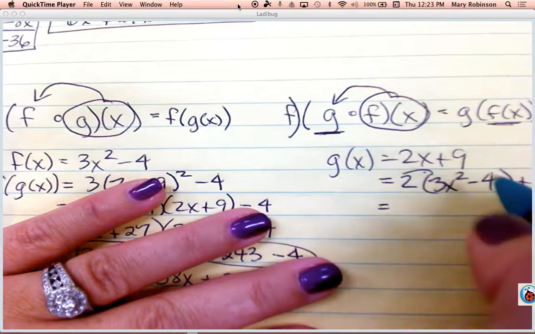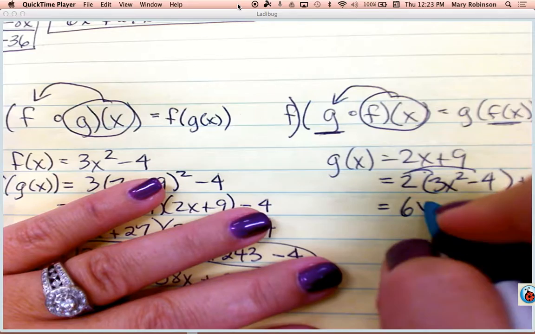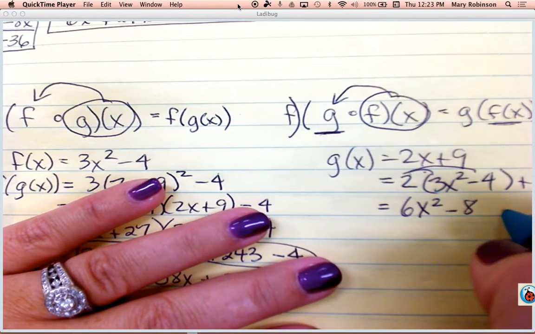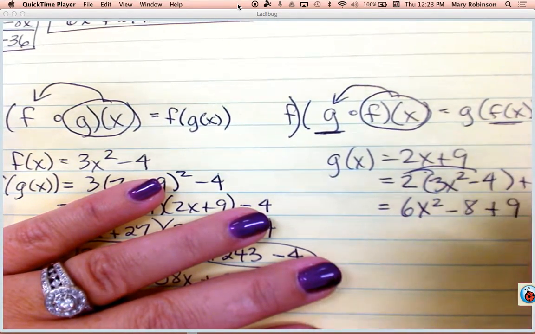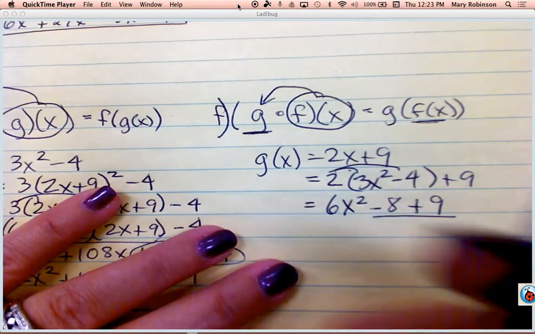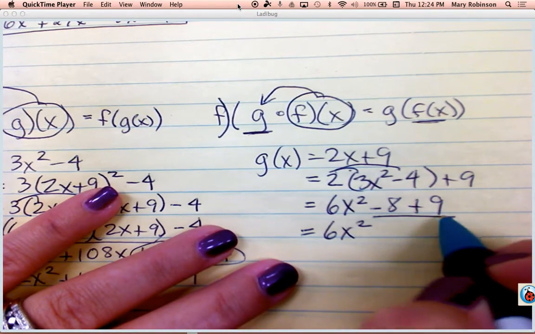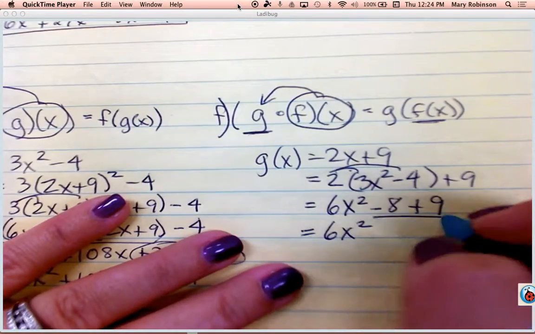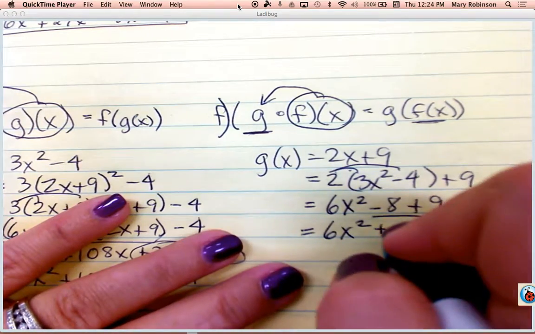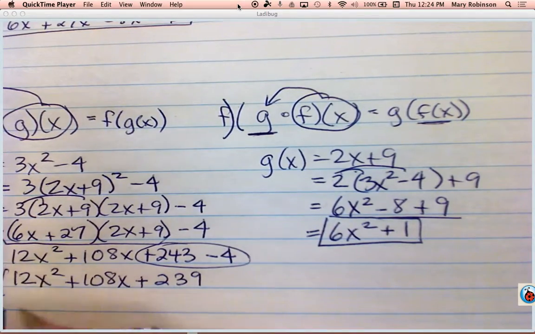My next step is to distribute to both terms. So I get 6x squared minus 8, and I bring down the plus 9. Because I have like terms here, meaning integers that can be combined, negative 8 plus 9, if you need to put it in your calculator, do that, but that negative 8 plus 9 is add 1. So this is what we get.